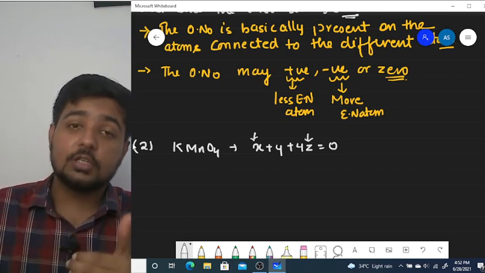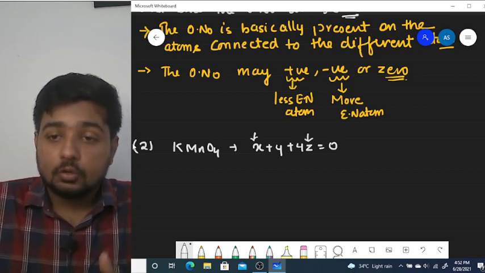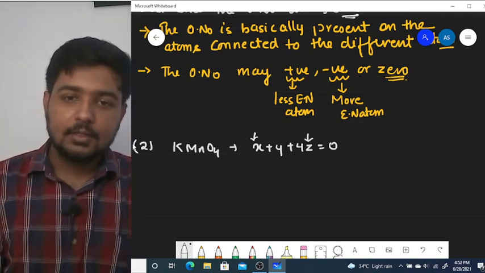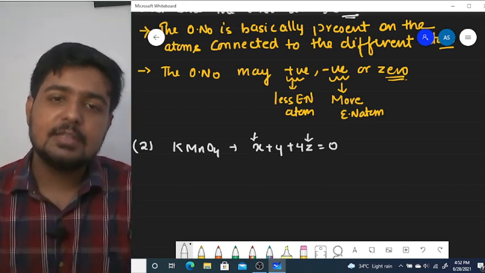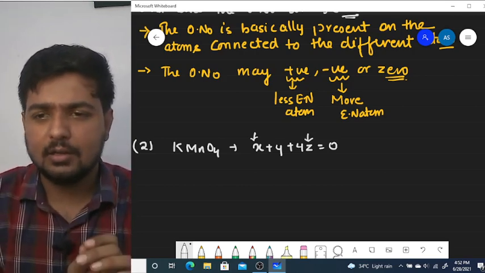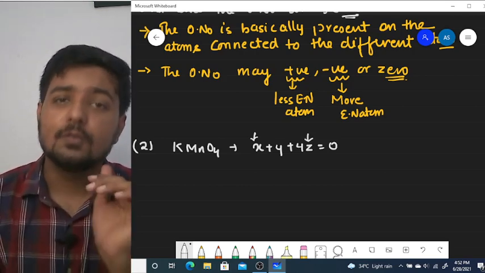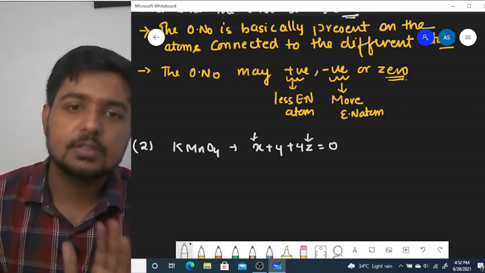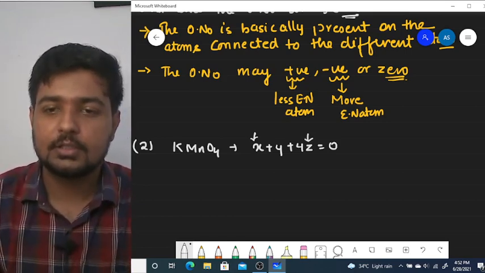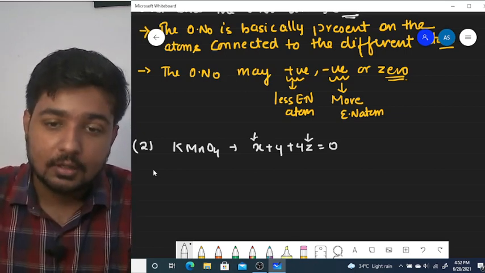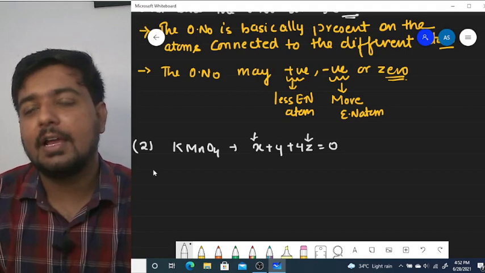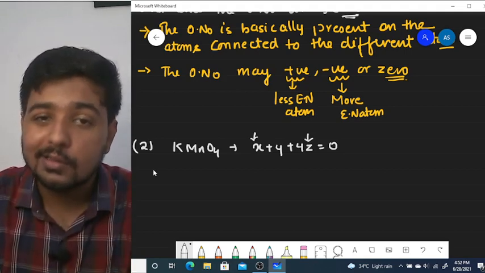Now the question is how we will know the oxidation number of the other elements. For that, scientists have given us some values of oxidation number for some elements whose oxidation number does not change.